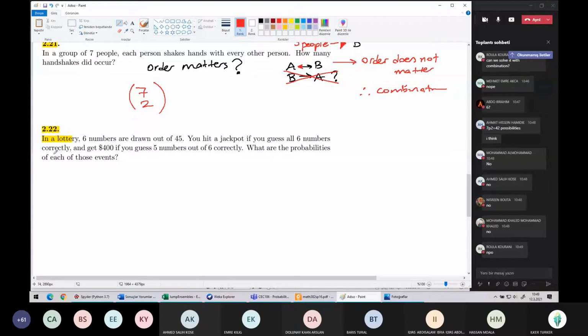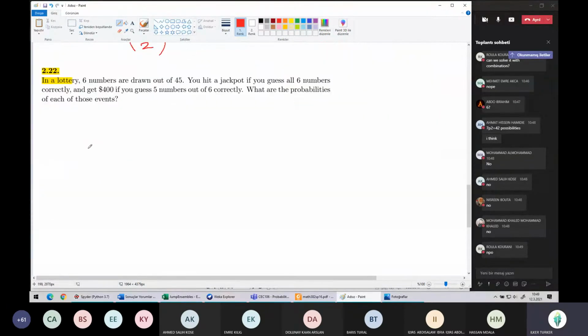Yes, we have a good question now, it may be a bit difficult, not too much. In a lottery, 6 numbers are drawn out of 45. You hit a jackpot if you guess all 6 numbers correctly and get $400 if you guess 5 numbers correctly.